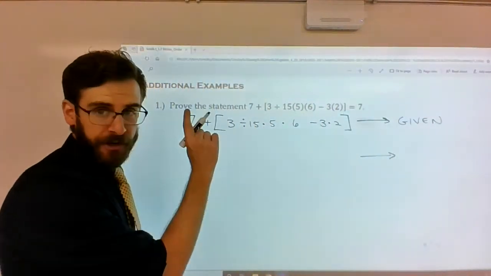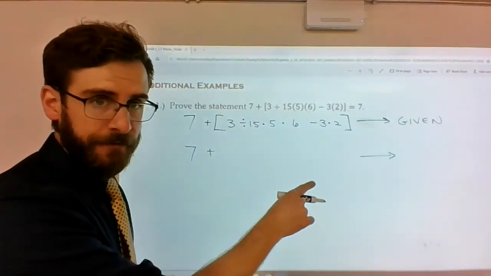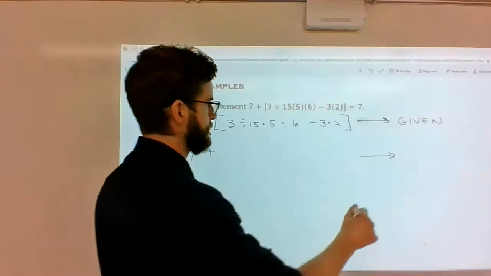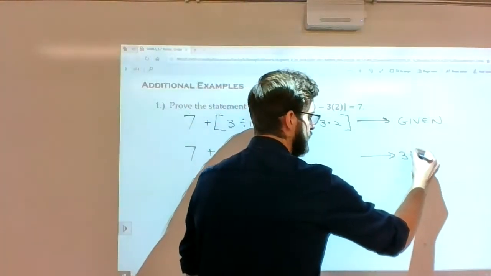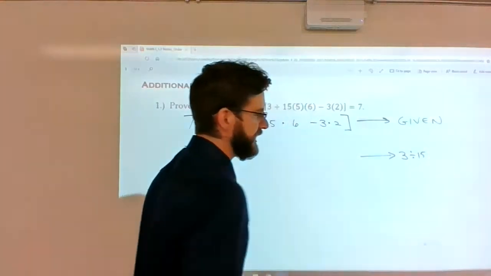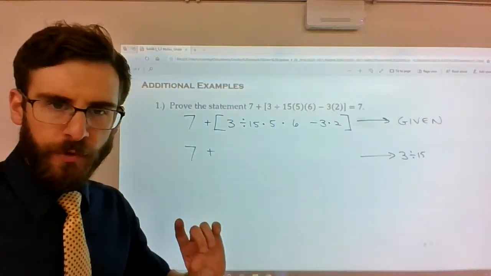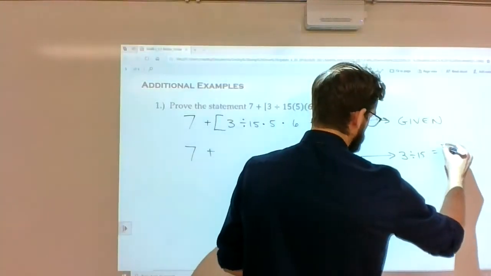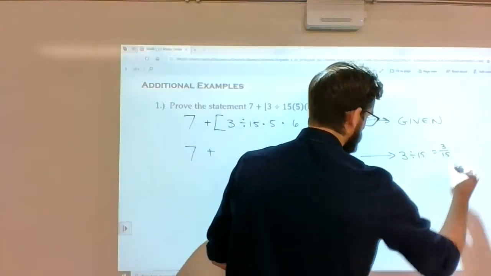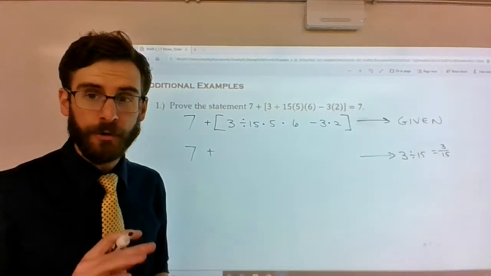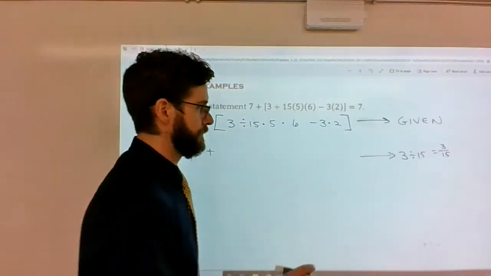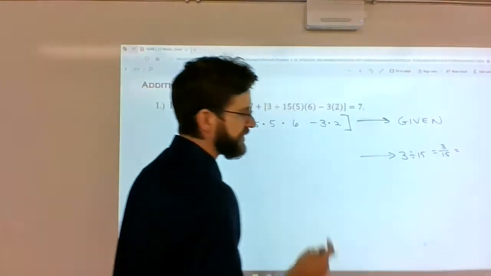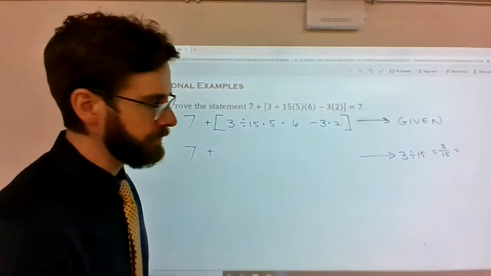So I say we figure it out over there because you're documenting every single step, right? You're going to say 3 divided by 15. I'm going to rewrite that as 3 over 15. And then I'm going to reduce that as a fraction. So the top and bottom both divide by 3.